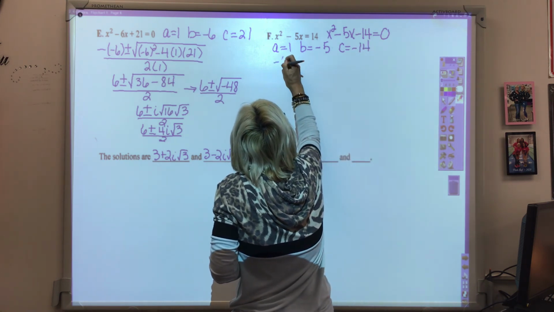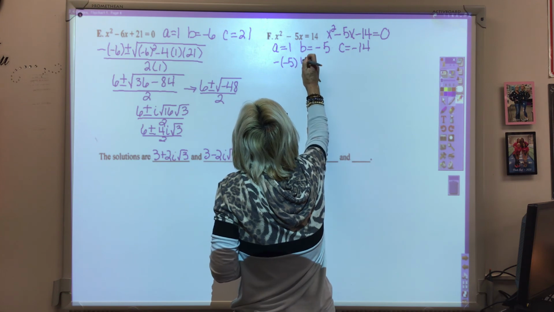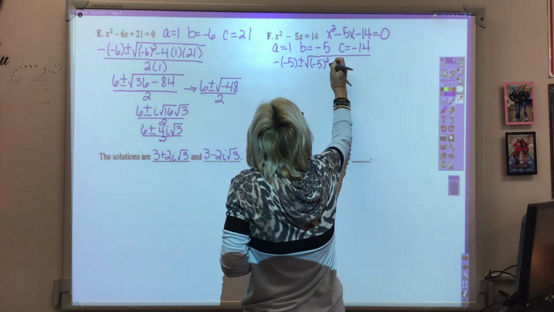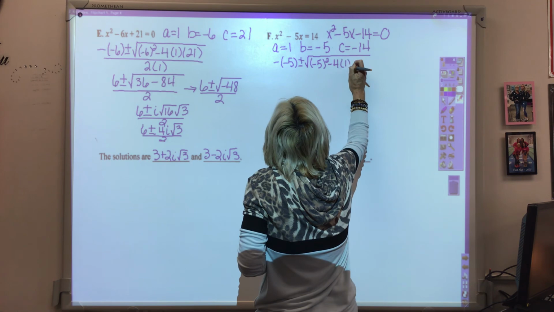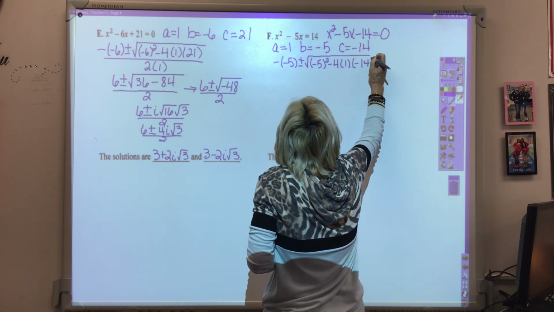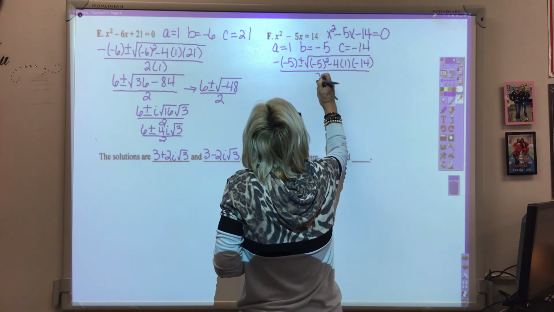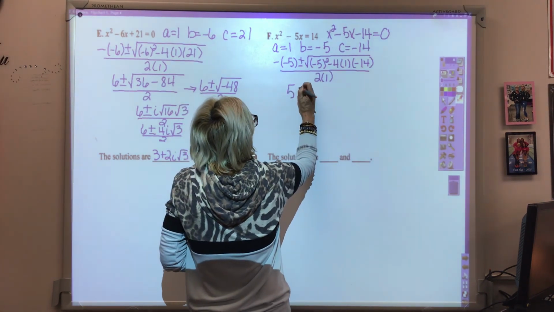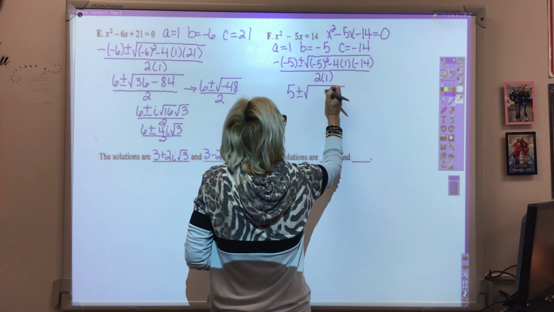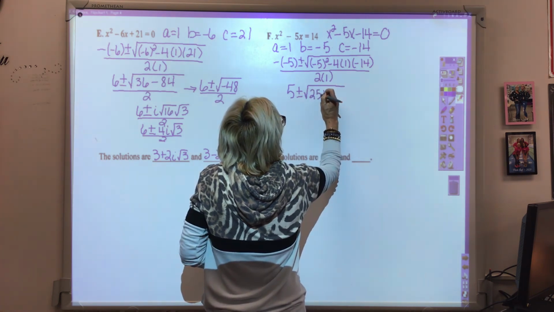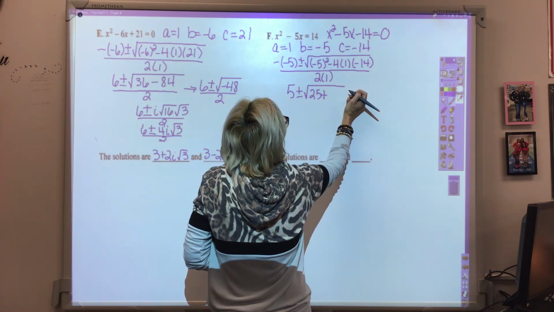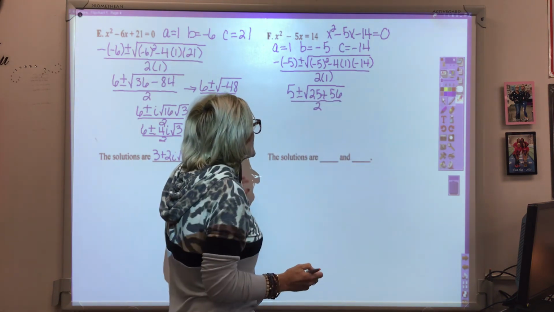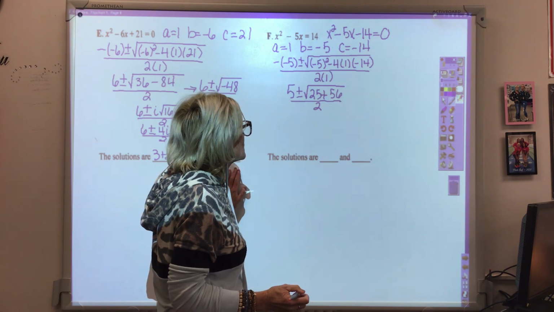So we'll take the opposite of B plus or minus the square root of B squared minus 4 times A times C, all divided by 2 times A. So we'll have 5 plus minus the square root of 25 plus 56 over 2, and 25 plus 56 would be 81.